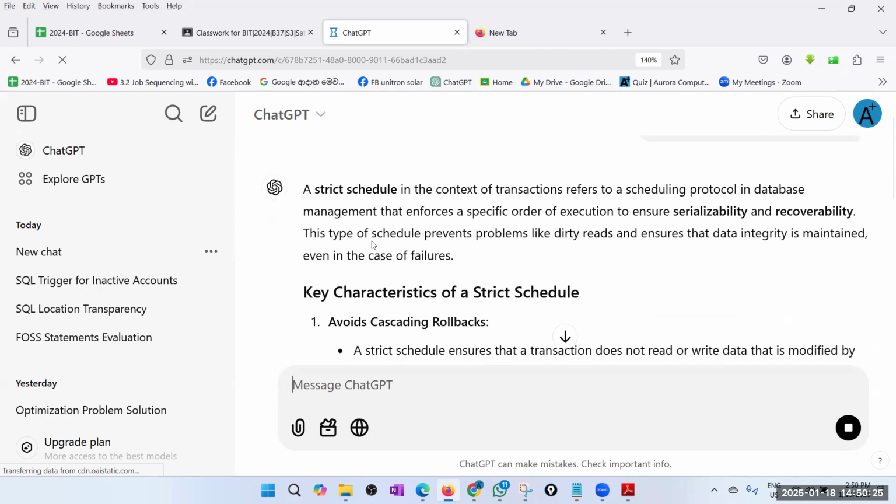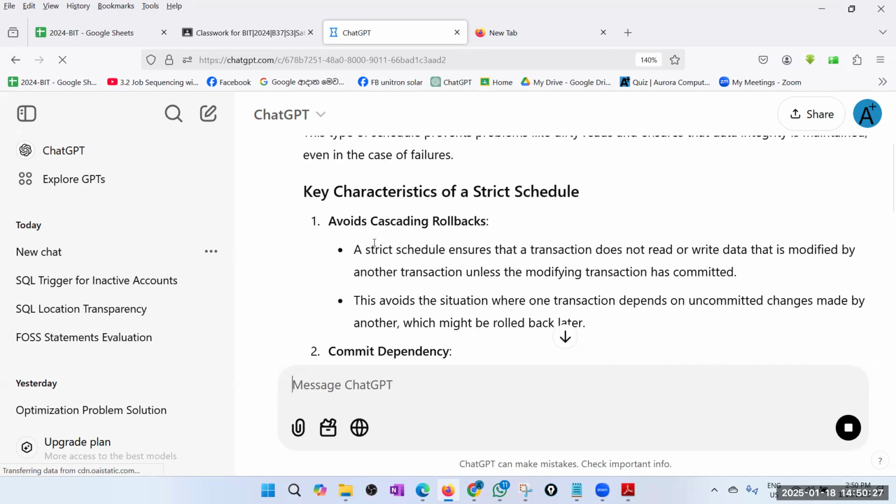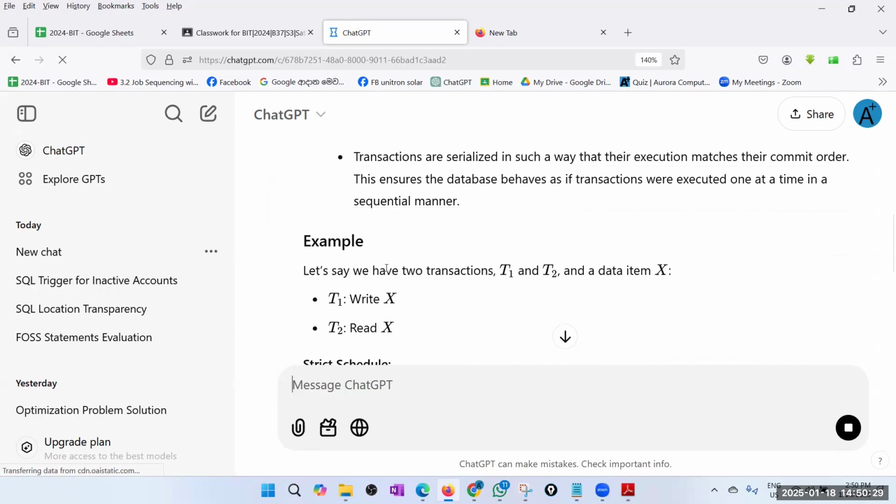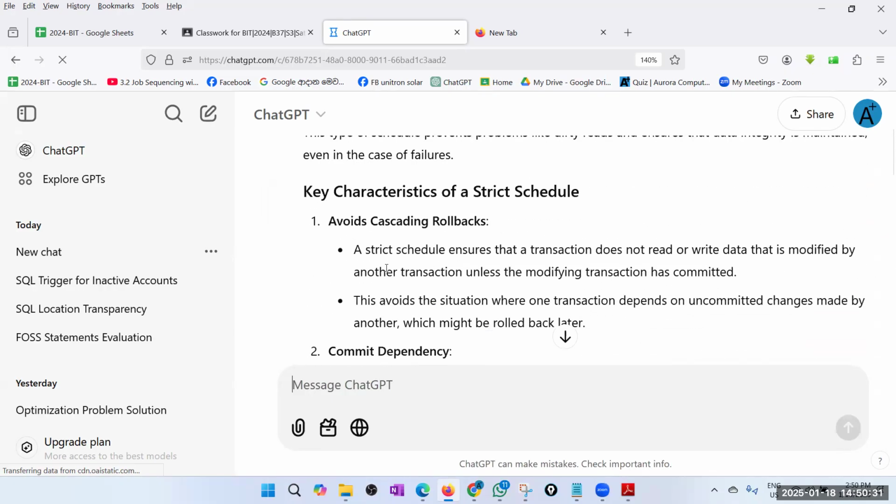So the idea is to avoid cascade rollback. Strict schedule ensures that the transaction doesn't read or write data that is modified by another transaction unless the modifying transaction has committed. So just make a note of that. Maybe they can ask it again. In case asked, very rare.